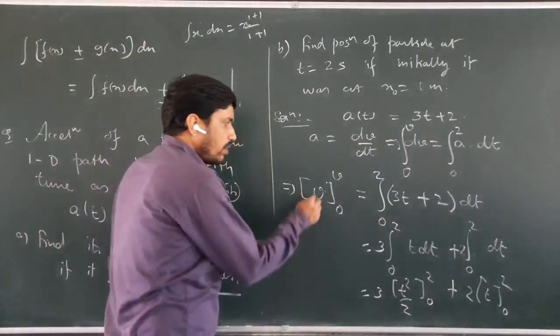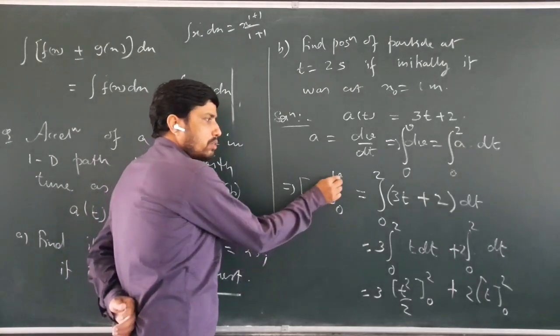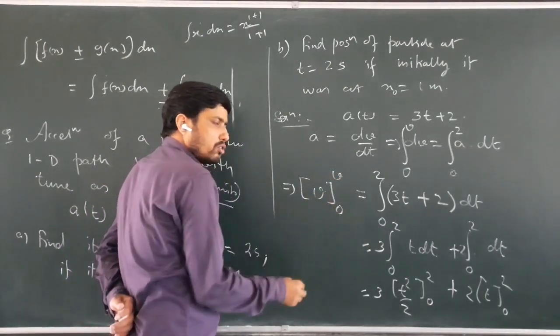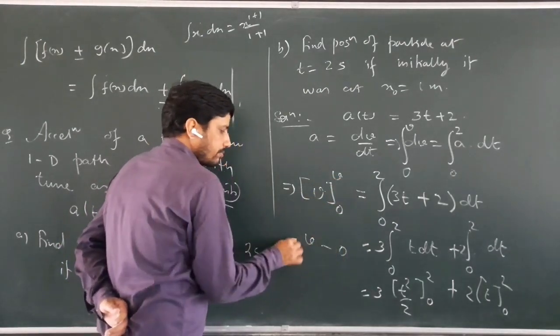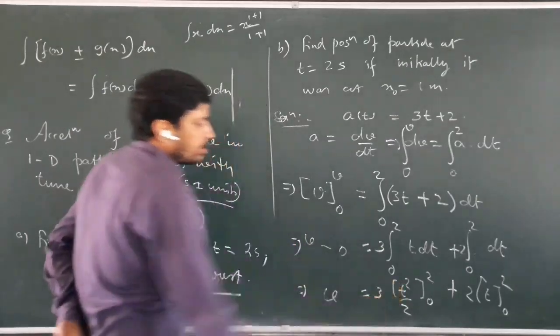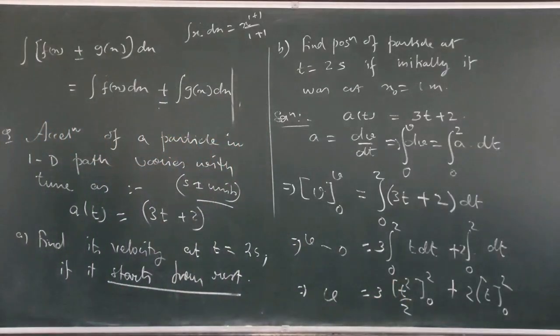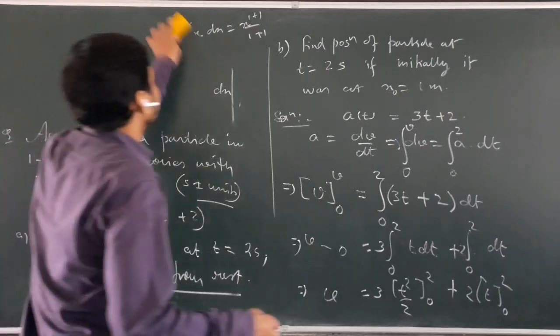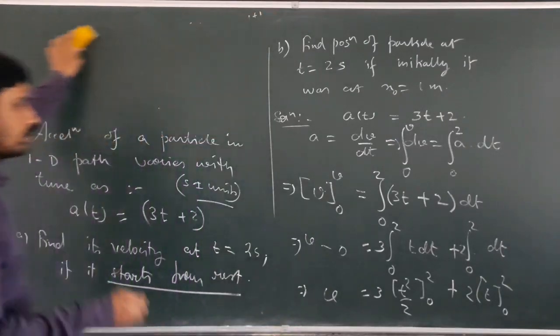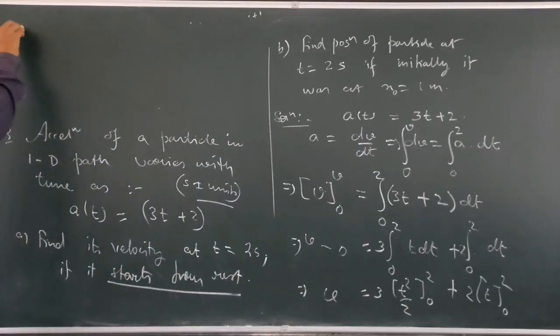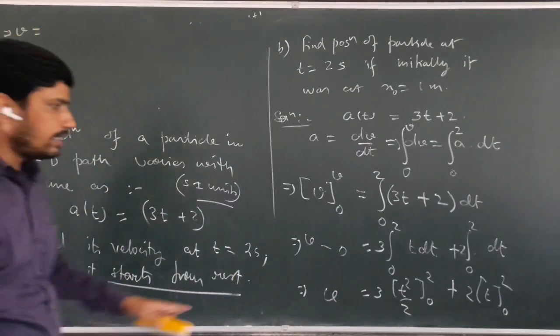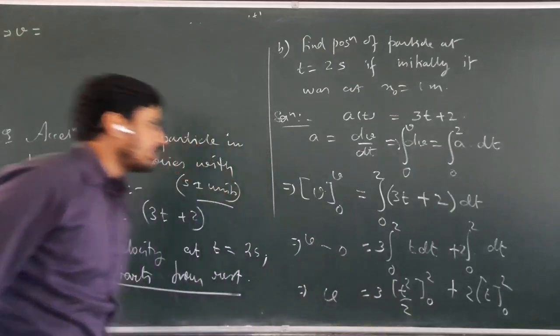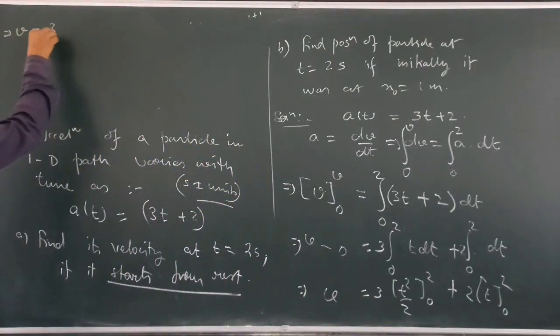Plus integration dt is nothing but t, and the limits from 0 to 2. And in the left hand side we have v. First we will put v is equal to v, then we will put v is equal to 0, and we will subtract. So this implies v is equal to this. Now simplification is to be done. Let's see what we get. This implies we write v is equal to 3 by 2.